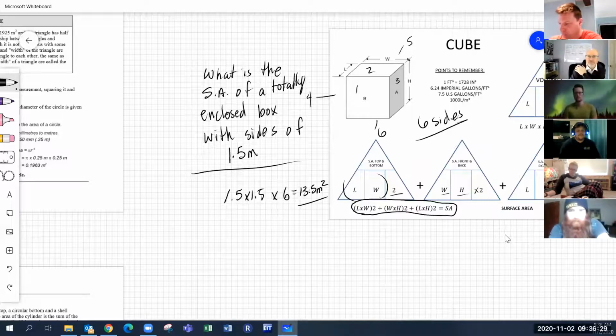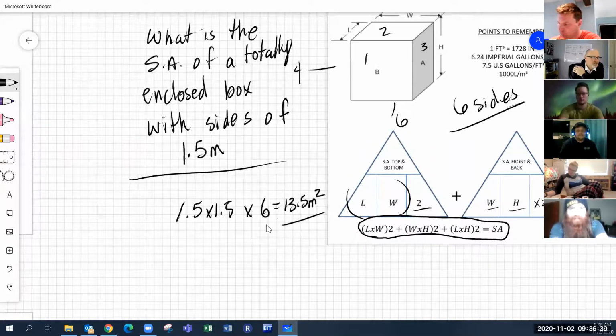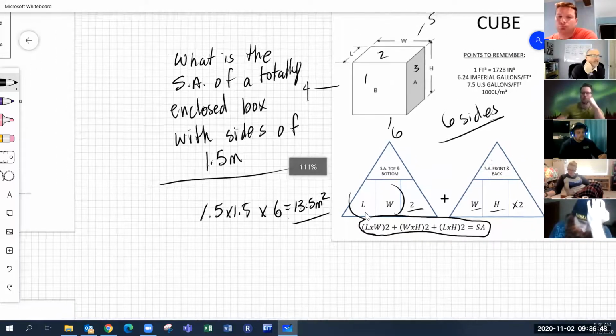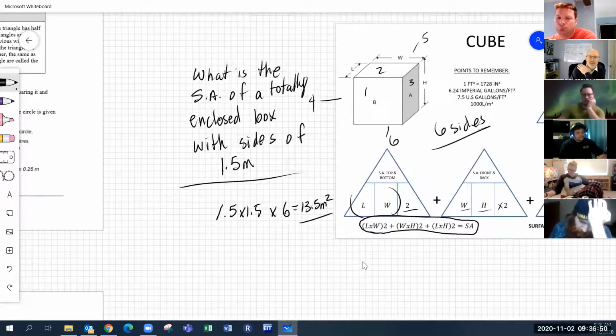Yes, that was easy. Did everybody do the length times width times 2 plus length times...? Yeah. So this is just an easier way if all the sides are equal. Right? 6-sided. That's all we're doing, is surface area.